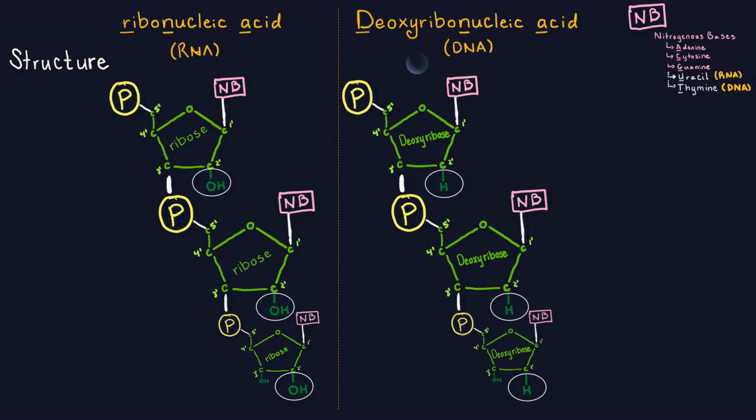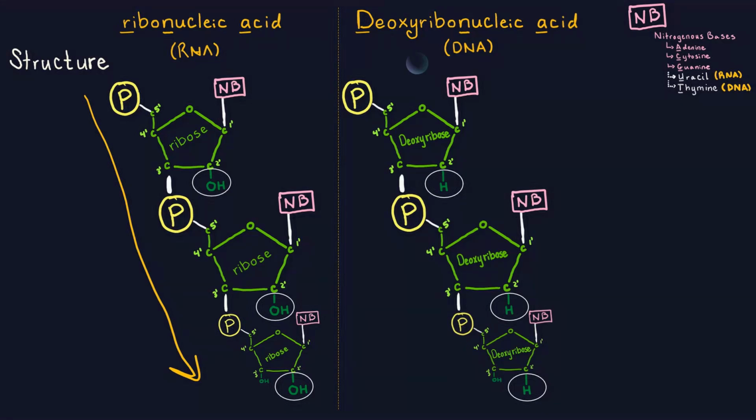And we also talked about how the nitrogenous bases for RNA are adenine, cytosine, guanine, and uracil, while for DNA they are adenine, guanine, cytosine, and thymine. But the last big structural difference is that RNA is usually single-stranded, meaning it is basically what you see on the screen right now, with just one line of nucleotides linked together.